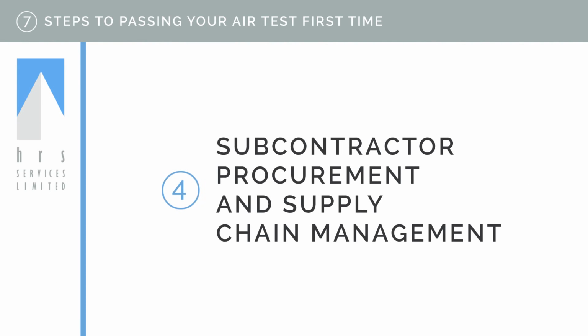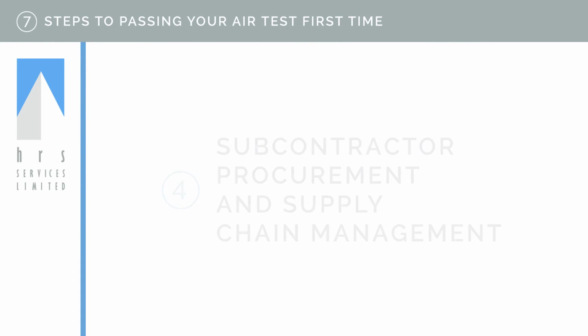Step 4. Subcontractor procurement and supply chain management. The main contractor is reliant on the envelope subcontractors and the building element components to provide the air tightness performance for the project. An audit of the subcontractor and the components and materials in the supply chain is recommended to ensure they meet the project's needs.